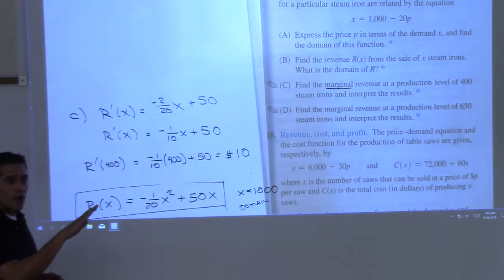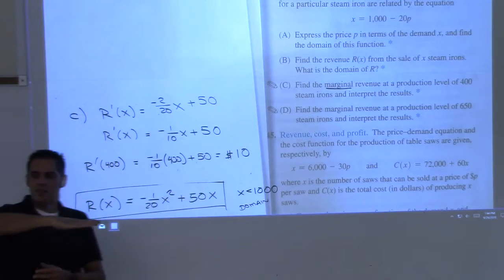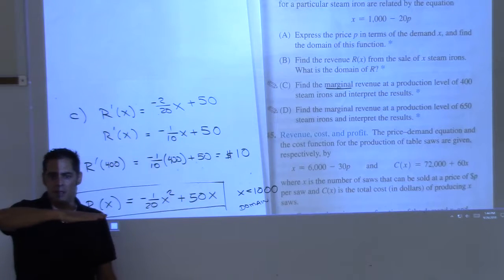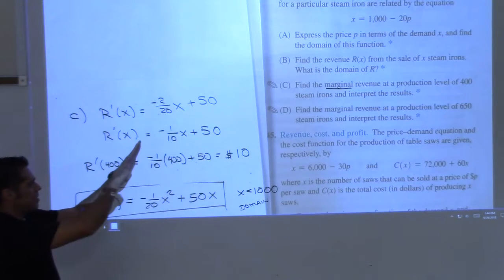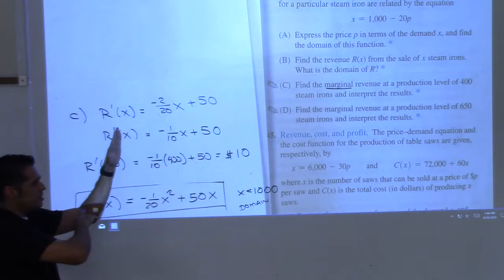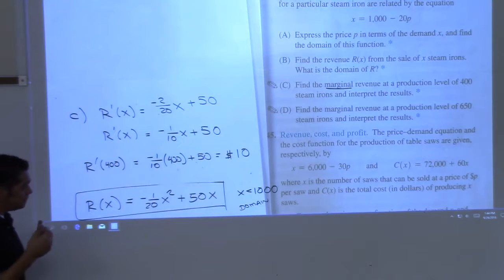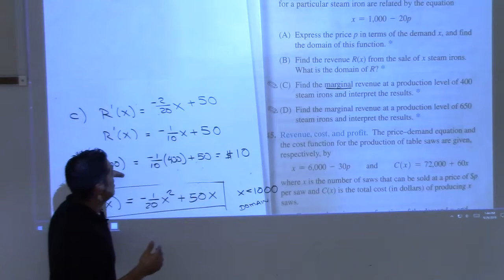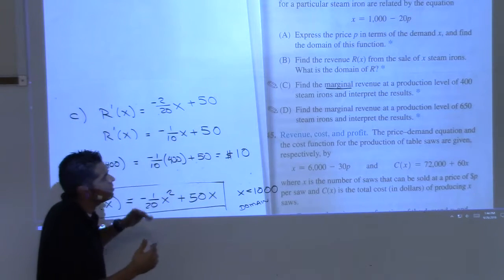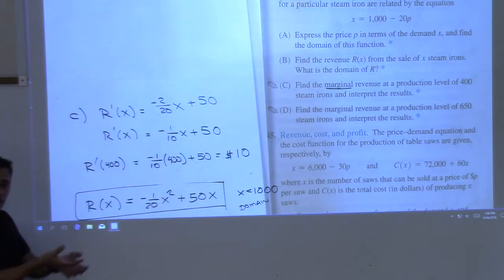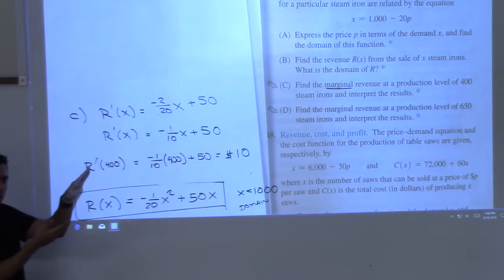Our revenue, right? Think about a slope of 10. This is a slope of 1. Isn't a diagonal slope 1? Slope 2 is steeper. 10 is pretty steep, right? What it's saying is, at a production level of 400 steam irons, we've still got a lot of money coming in. It's coming in at an increasing rate, all right?